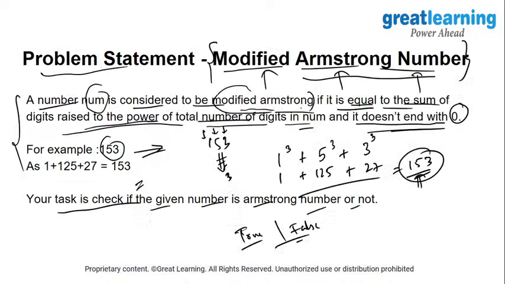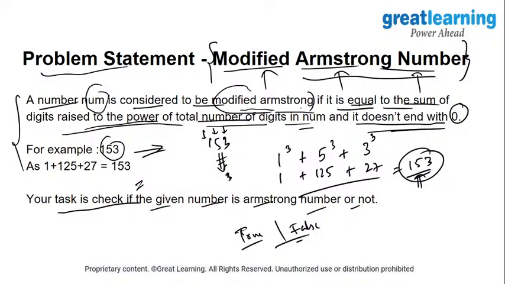So Rohan, we have just started our problem statement. We are trying to solve a problem which is a modified Armstrong number, wherein we have been given a number such that if every digit of this number is raised to the power of the total number of digits of that number, let's suppose this is 153 and we have 3 digits, so 1 raised to the power 3, 5 raised to the power 3 and 3 raised to the power 3, and these digits sum up to the number itself, then this is an Armstrong number, the modified Armstrong number.